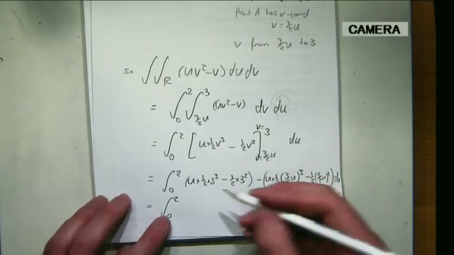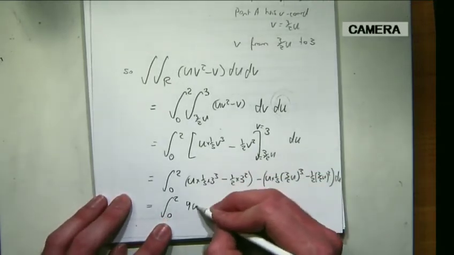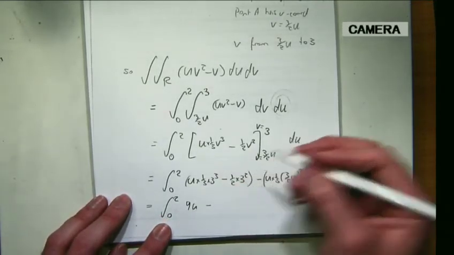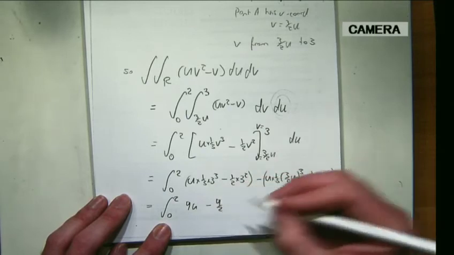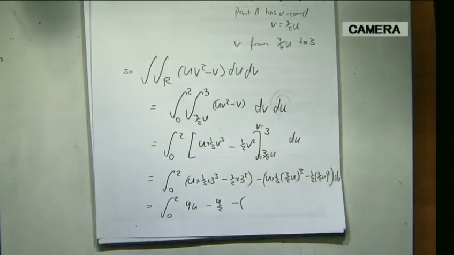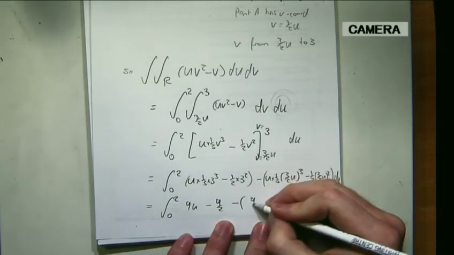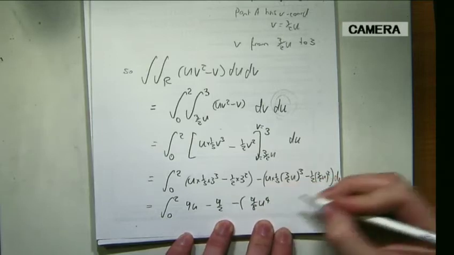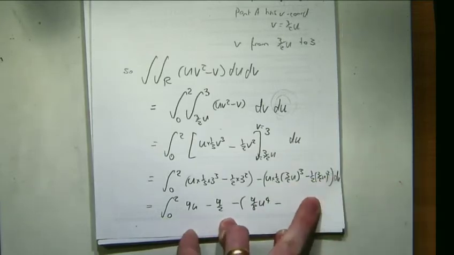So what have we got? Yikes. That's 9u. That's 9 on 2. 27 on 8. 9 on 8. And that would be 9 on 8 again.